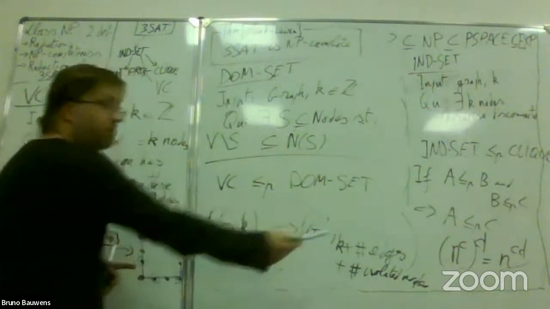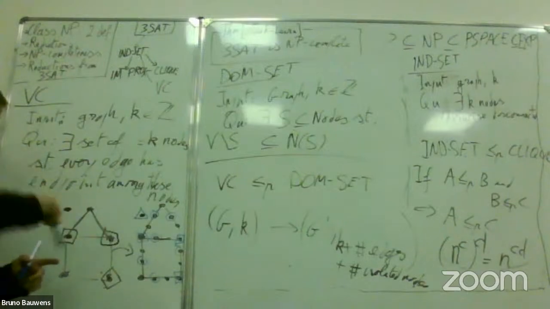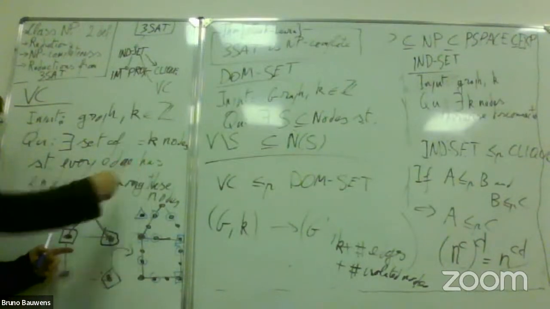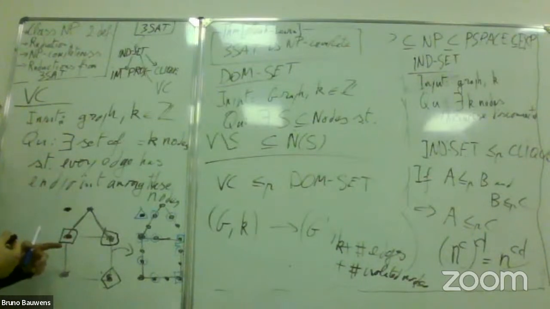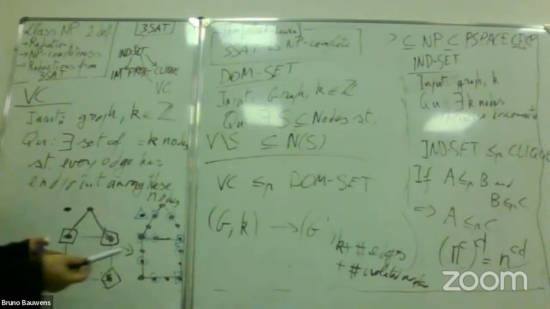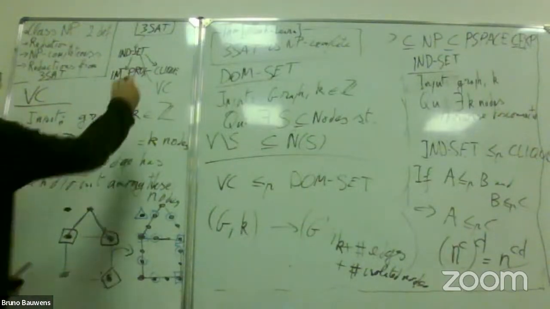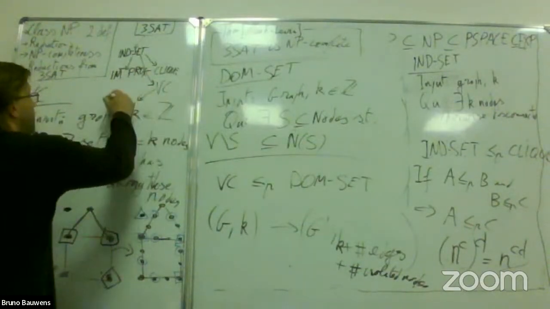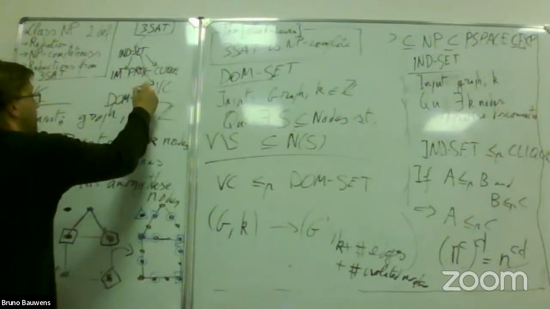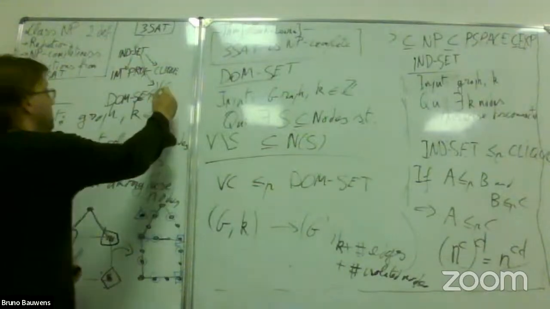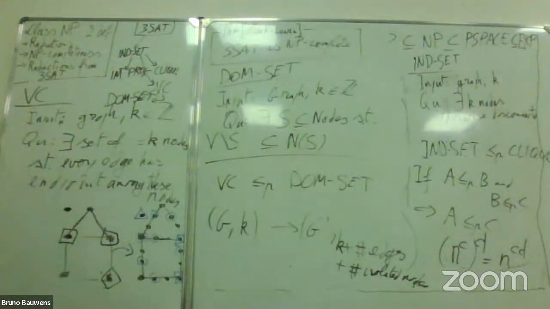The size of the dominating set minus the number of edges minus the isolated nodes. So we have equivalence in both directions. We have now proven from vertex cover that dominating set is also NP-complete.